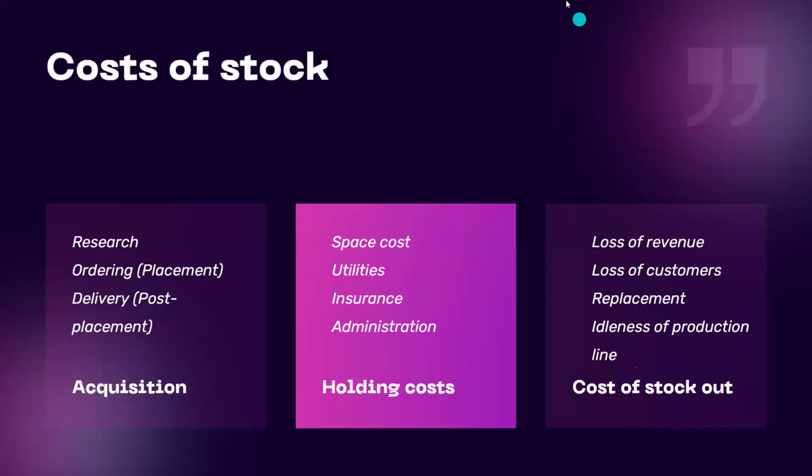Okay, let's move on to another area, the cost of holding stock. With the cost of holding stock, we have three major categories: acquisition, the holding cost, and the cost of care.